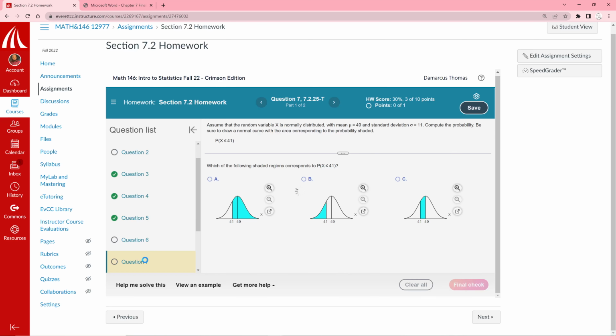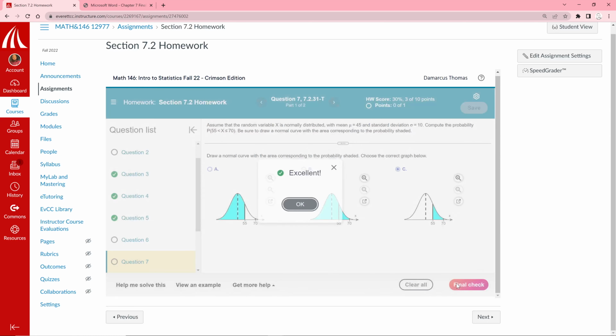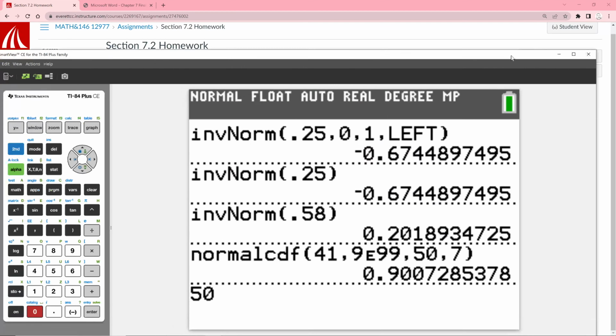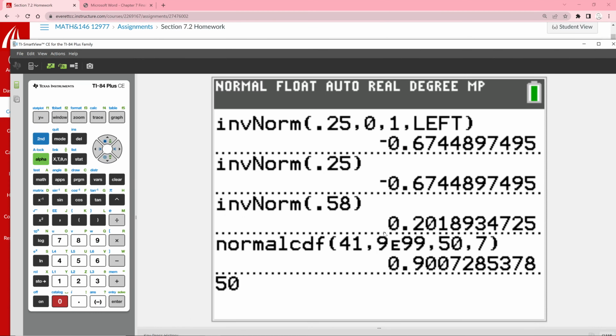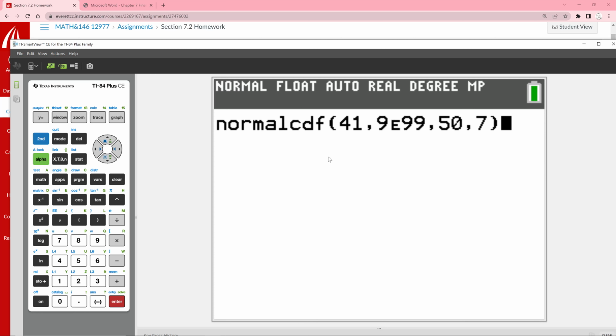Let's look at 7. Assume the mean is 45, deviation 10, compute 55 through 70. So the one in between, that's going to be here. And then what is that probability? Well, I could just put in what we just had, second entry, put in my lower bound, my upper bound, and all those values.